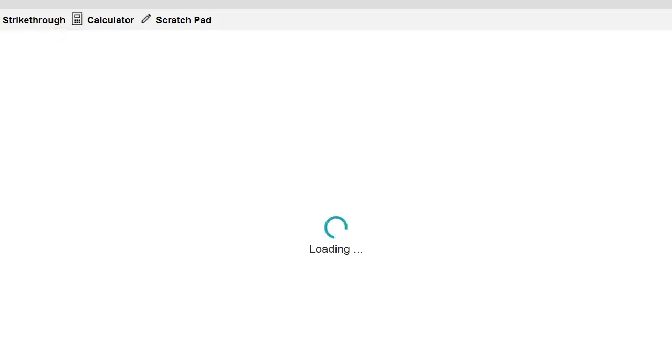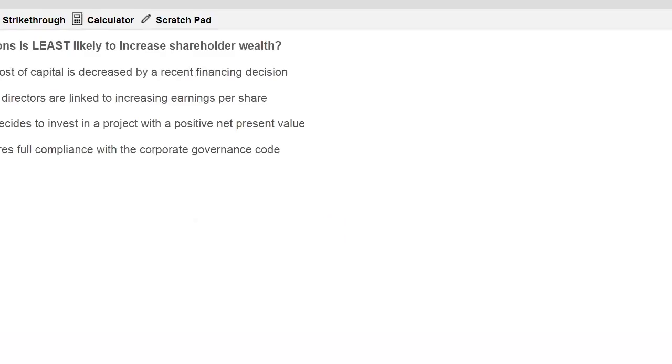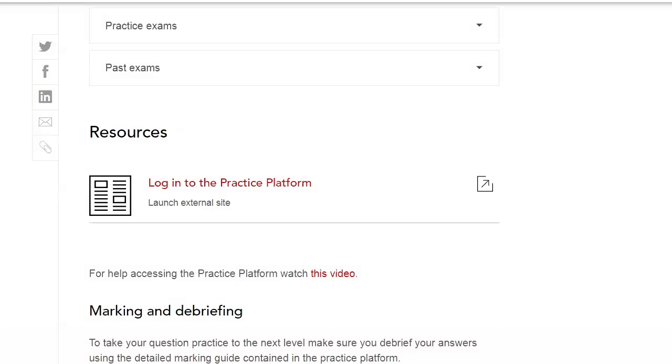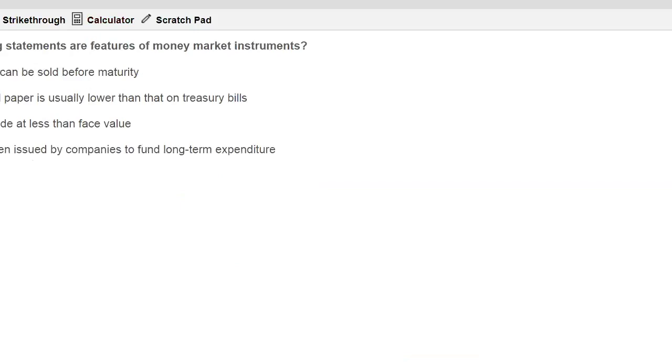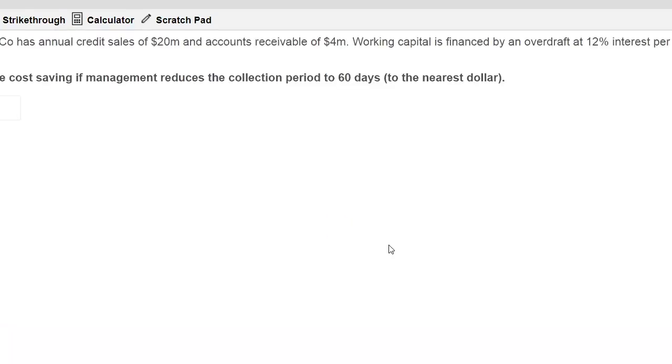Objective test question. Again, MCQ. Again, multiple choice. Filling the blank. Okay. So that would be the style of objective test question.